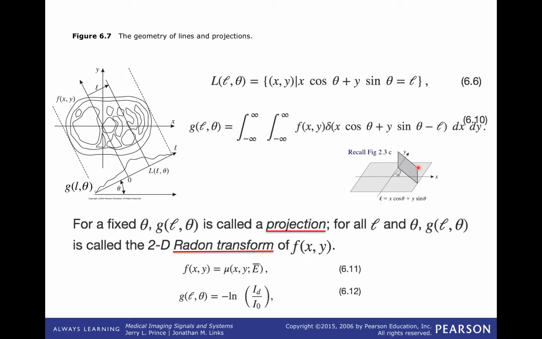Okay? So it's just basically to get the algebra so that you can express g(L, theta) appropriately. Okay, that's the simple integral formula. So now we've related g(L, theta) to our original object and the geometry of how we're sampling it. That's what this equation does, right?